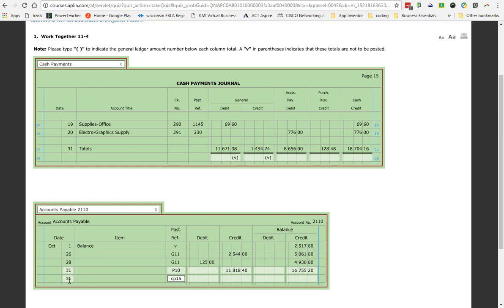And we're going to do accounts payable as a debit of $8,656. Account number 2110 goes back up on top.